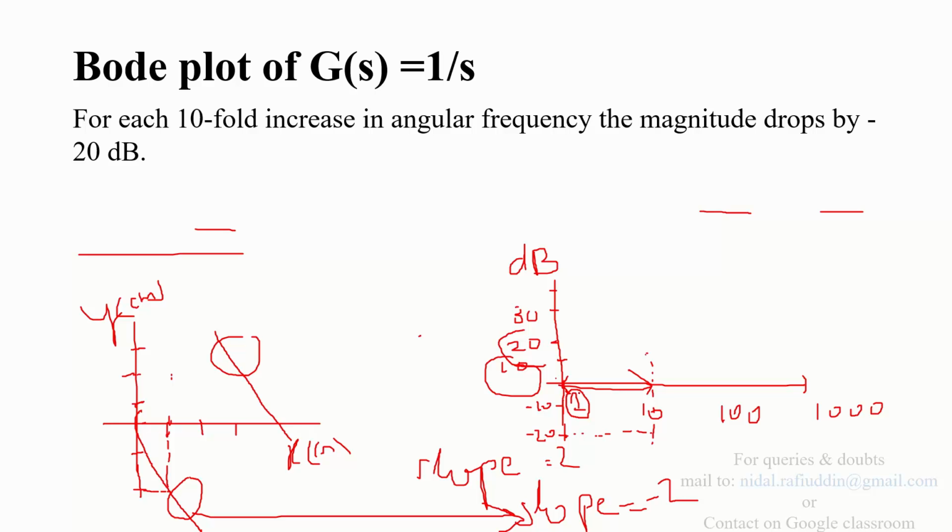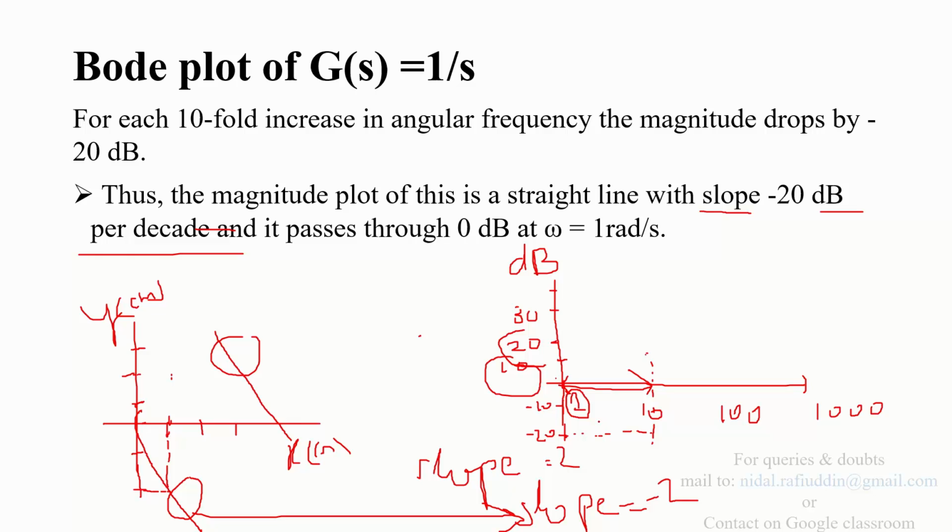So this gap is 1 decade. So -20 dB per decade means that you will be drawing a line passing through this particular point and this point. So this line will have a slope of -20 dB per decade. Likewise, if you are interested in drawing +20 dB per decade, you'll take 20 parts of the y-axis, passing through 20, and 1 decade on the x-axis, and the line passing through this point and this point will have a slope of plus 20 dB per decade.